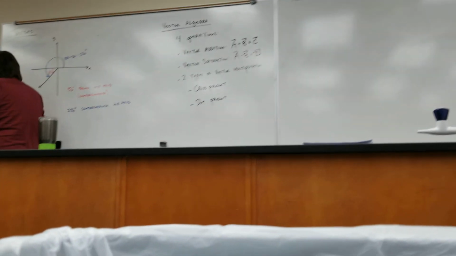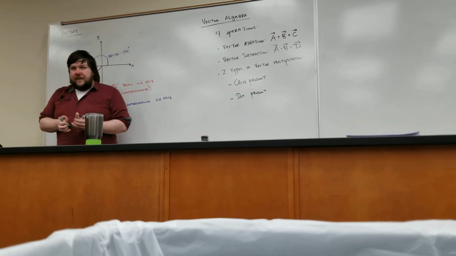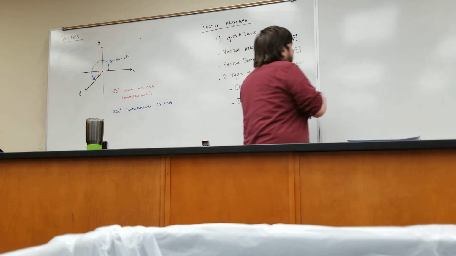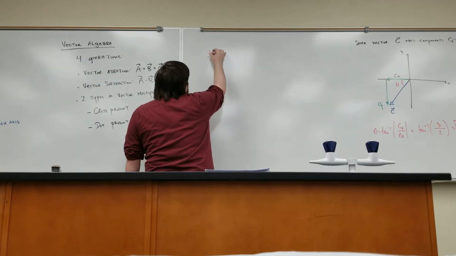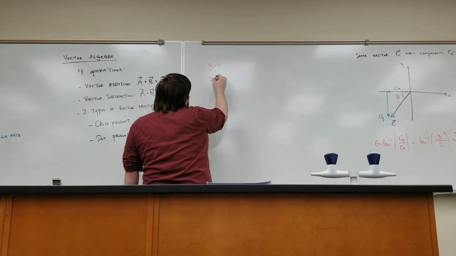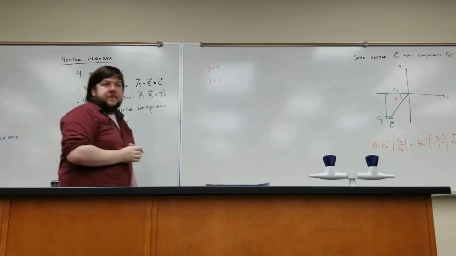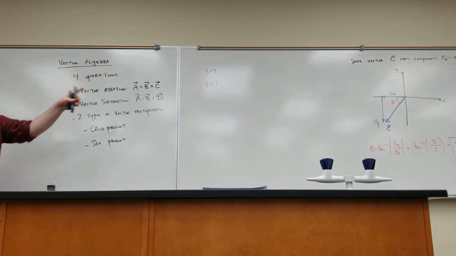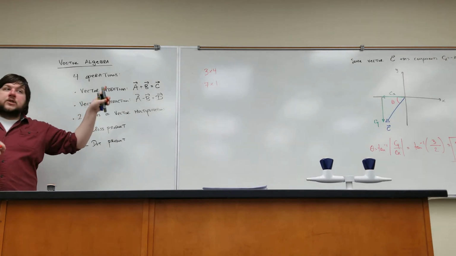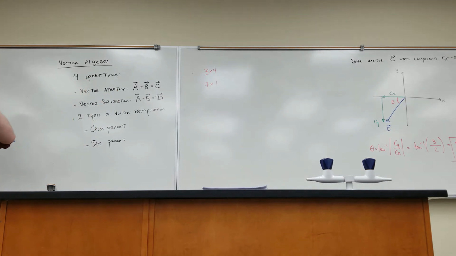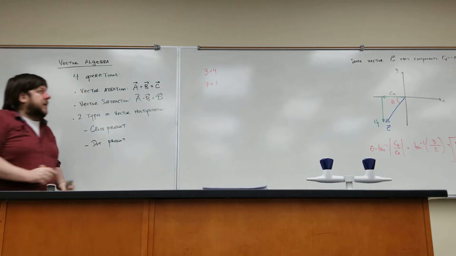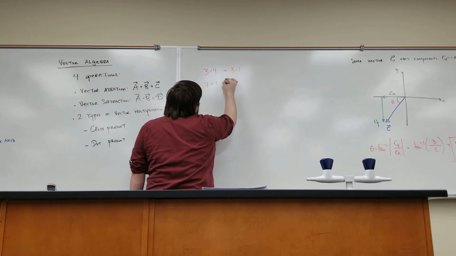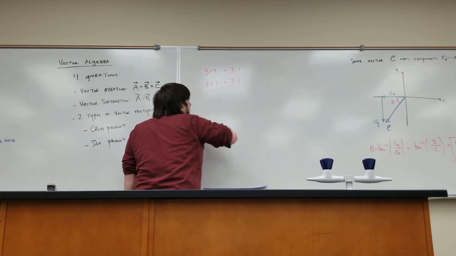When you were learning arithmetic back in elementary school, you typically used a cross, like 3 cross 4, or 7 cross 1. But when you get into algebra, X becomes a variable, and to avoid that ambiguity, you switch from the cross to a dot. But this is equivalent to 3 times 1, and this is equivalent to 7 times 1.